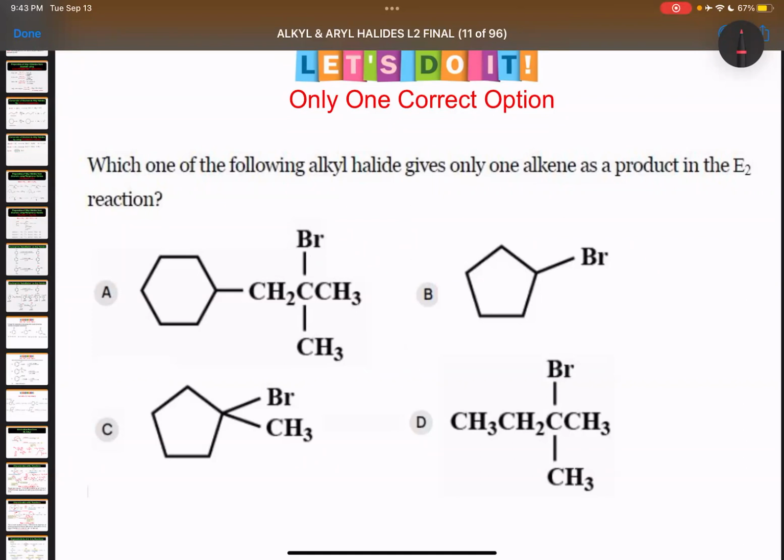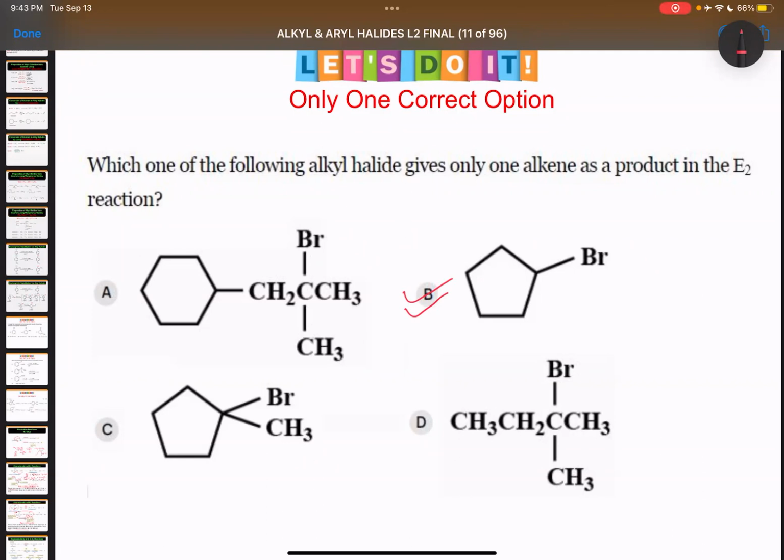B, yes. So there will be no Saytzeff, Hofmann, it will be very symmetrical, because it will be just cyclohexane.